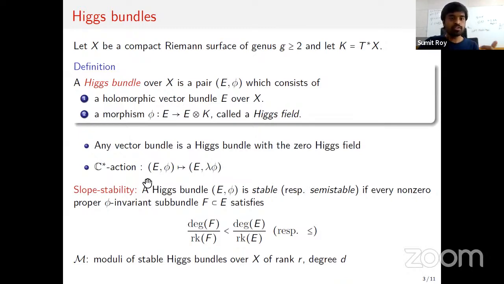So therefore, the C-star action induces a C-star action on this moduli space. Okay. And this moduli space of Higgs bundles has some nice properties, like it is hyperkähler, it is an irreducible variety, and many others. This is a very interesting object to study nowadays.